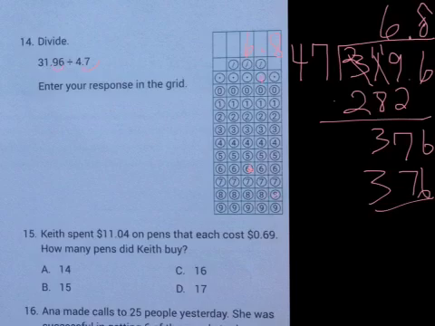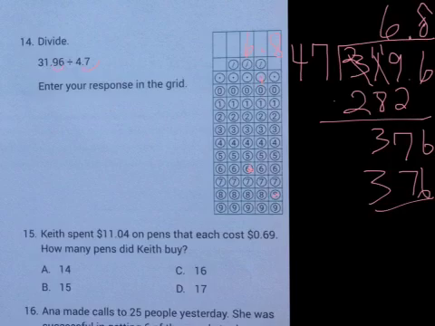And number 15 says, Keith spent $11.04 on pens that cost 69 cents. How many pens did Keith buy? So with even reading this problem, we know that we are going to divide.